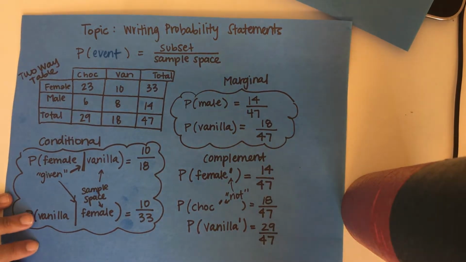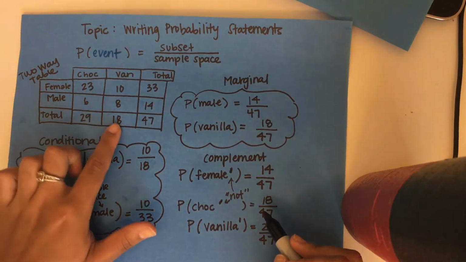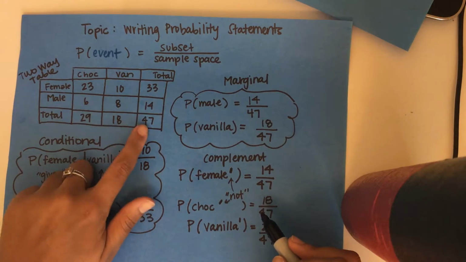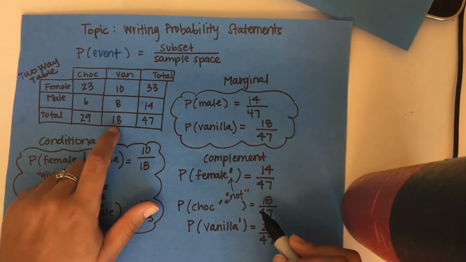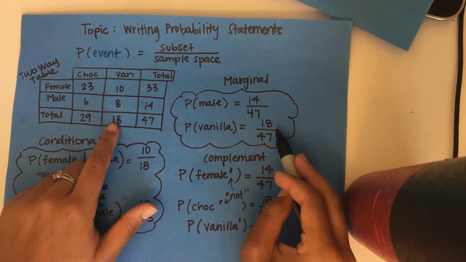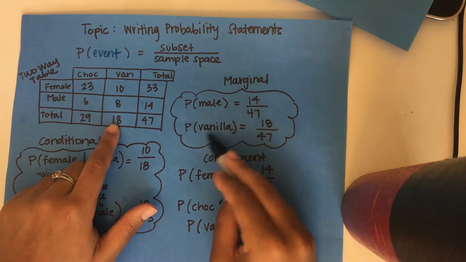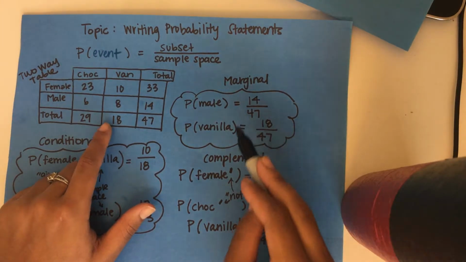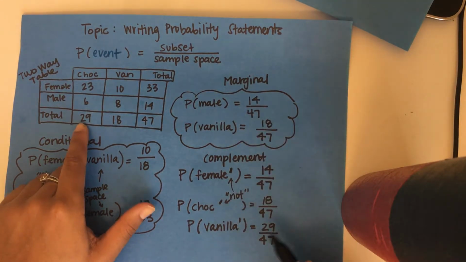Now, we could talk about how these two numbers add up to the total amount of sample space. If someone likes vanilla, then they are notated this way, but if they do not like vanilla, then they are the opposite.